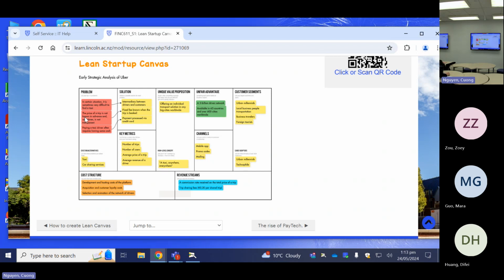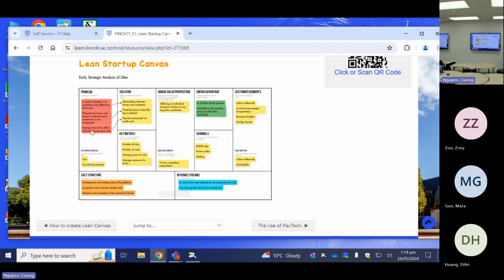And the second problem, the price of a trip is not known in advance and sometimes is not transparent. So here the solution is a fixed fee known right when the trip is booked.